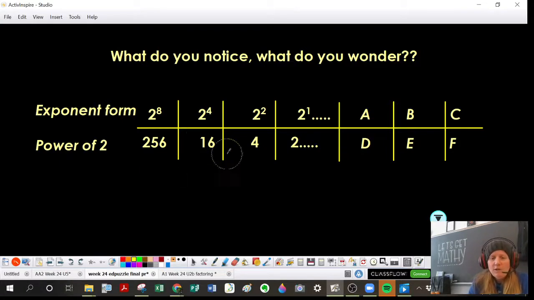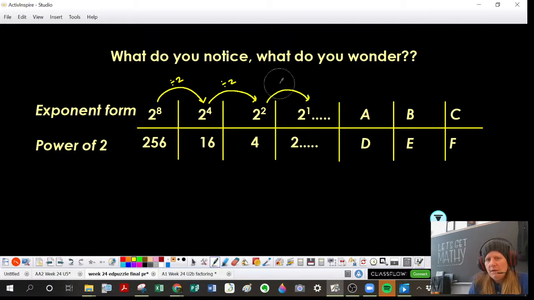So some of you may have noticed that the powers or the exponents have a distinct pattern, that they are being halved or divided by 2, right? So if we continue that pattern, 2 divided by 2 is 1. So what would 1 divided by 2 be?